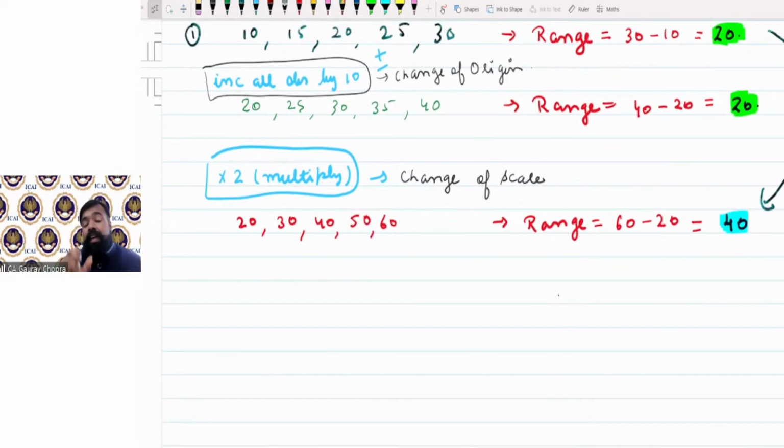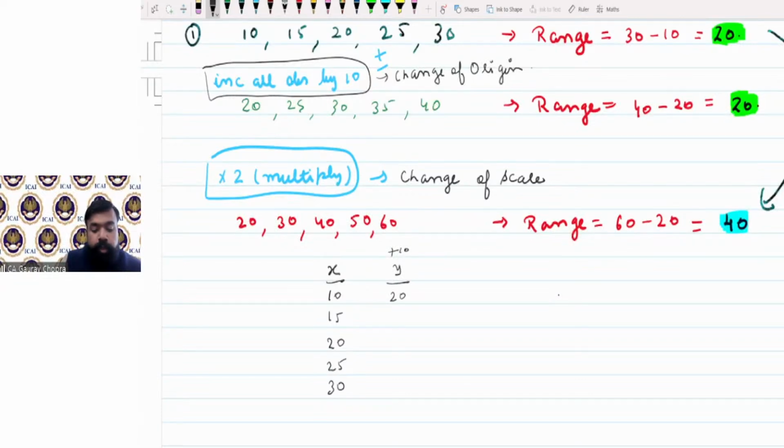Now the same thing we can write in terms of equation. So how to write? Let us understand this. Let's say the series was 10, 15, 20, 25, and then 30. Now we have increased by 10, and let us denote it with y.